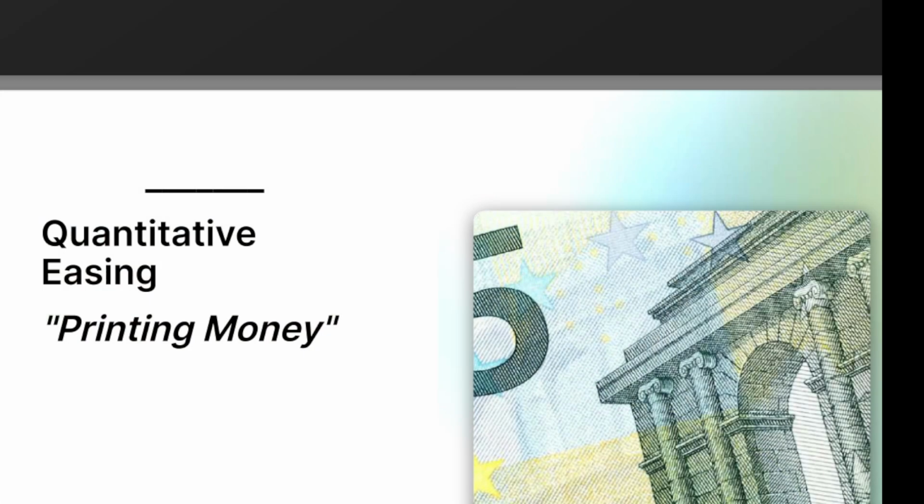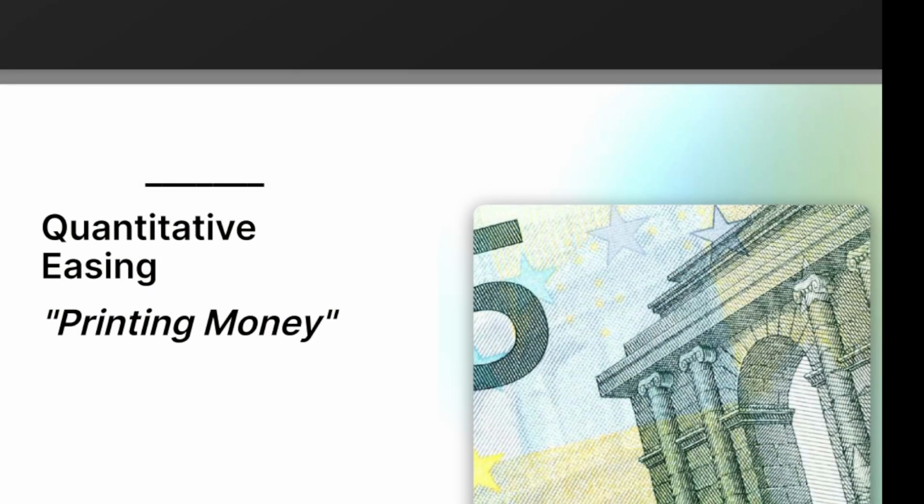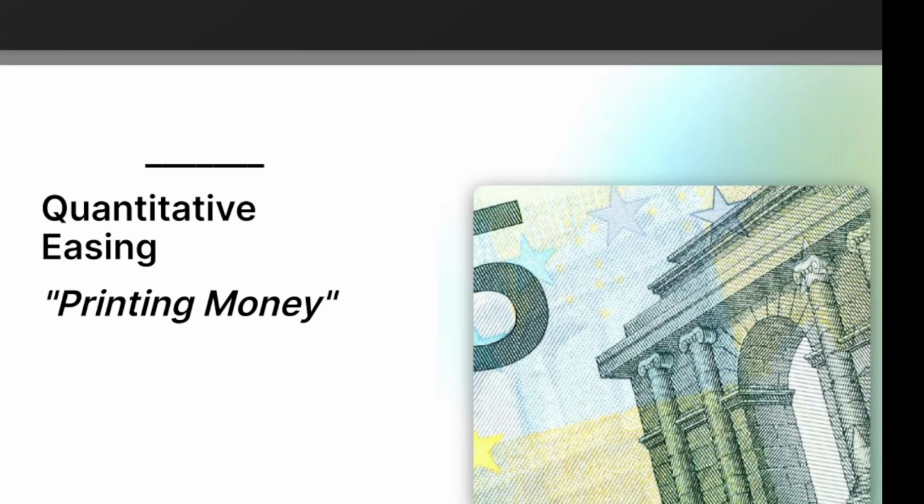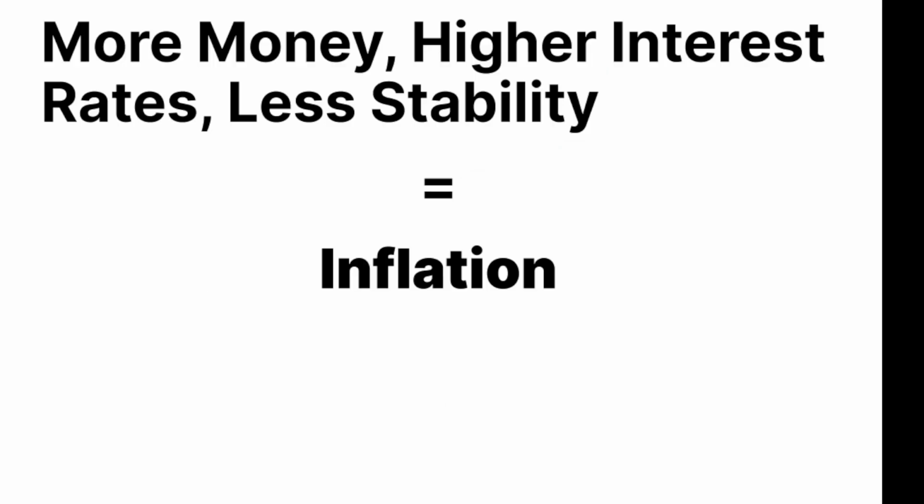Guys, they banned my video the last time I did this. When I got into this, quantitative easing, it is the printing of money, guys. Guess what? More money though equals higher interest rates and less stability, which equals inflation.